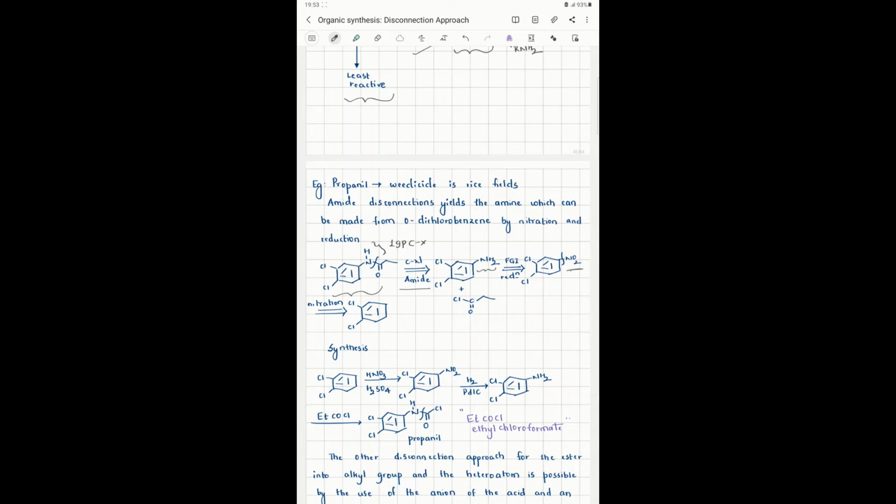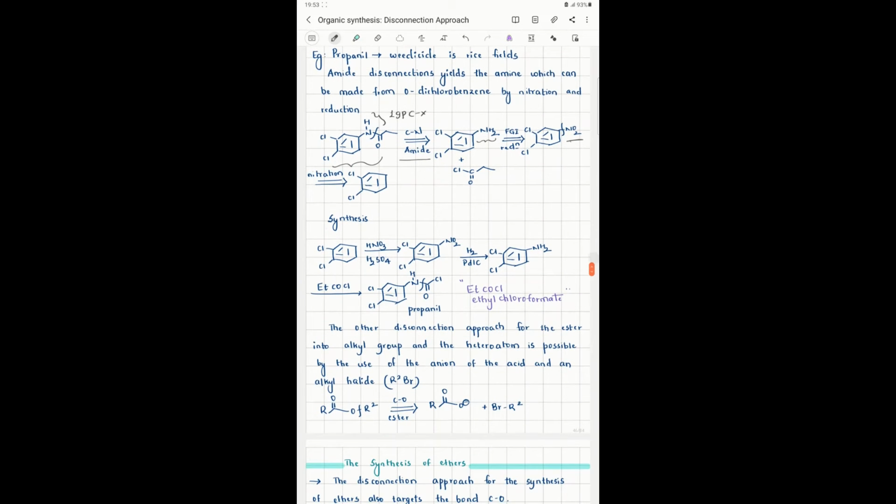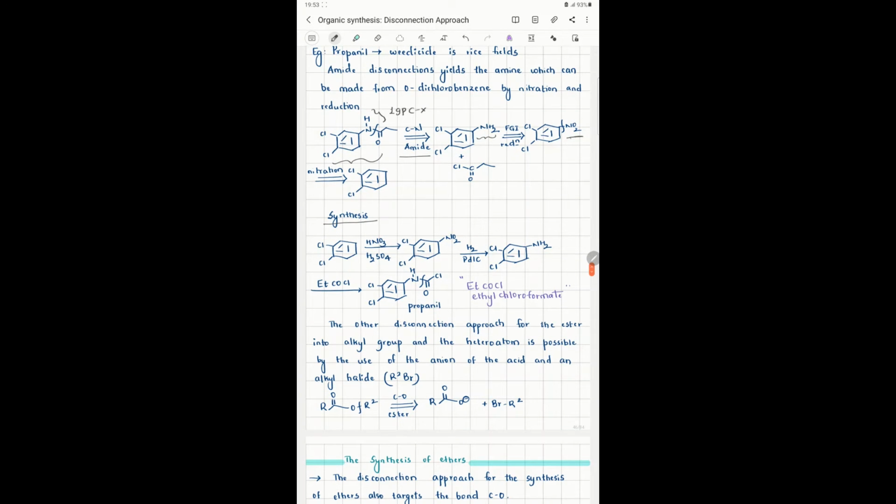So this is how we do its retrosynthetic analysis. Now whatever we have done is the retrosynthetic analysis. Now we would be trying to synthesize this particular compound. So the starting material is 1,2-dichlorobenzene. It reacts with HNO3 and H2SO4 to give me nitro-dichlorobenzene. The nitro group in the presence of hydrogen and palladium catalyst gets converted to NH2.